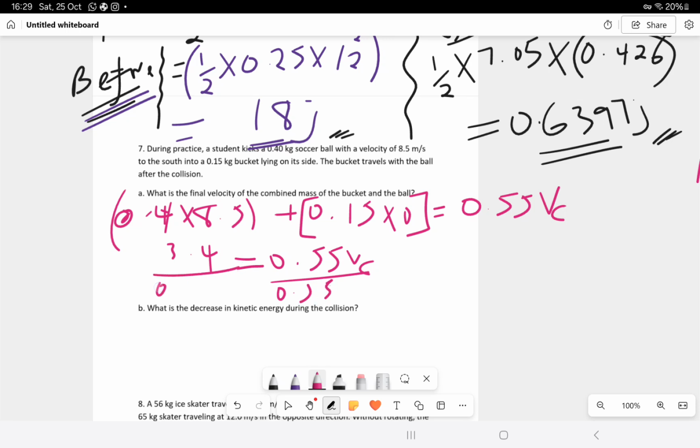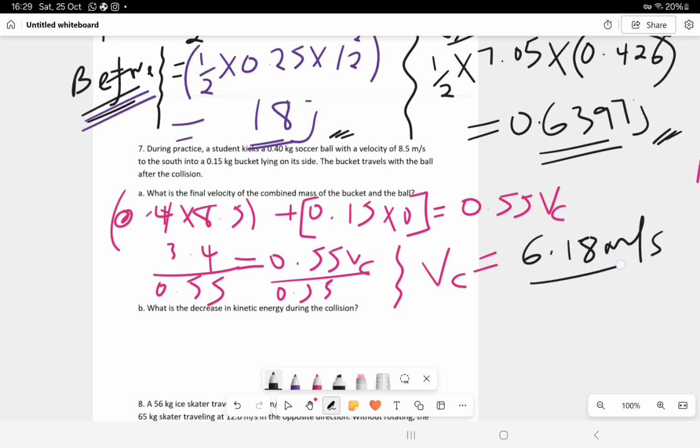Therefore the VC will be equal to 3.4 divided by 0.55, which is 6.18 meters per second. Easy, right?